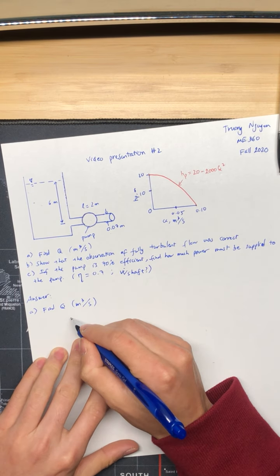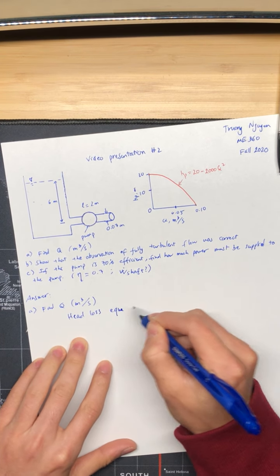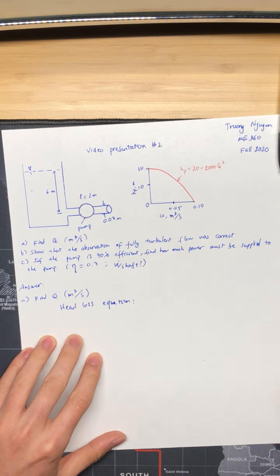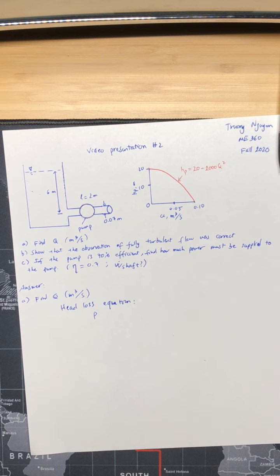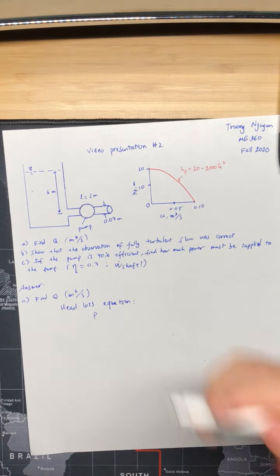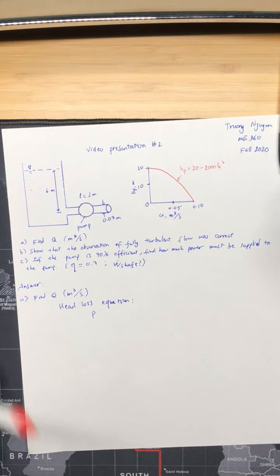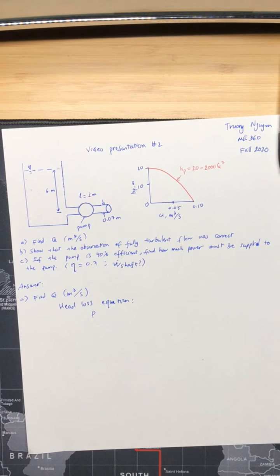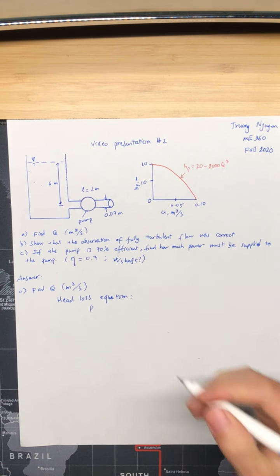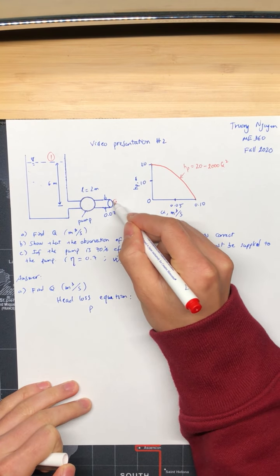So let's recall the head loss equation. Let's call this point 1, and point 2 is right at the axis.